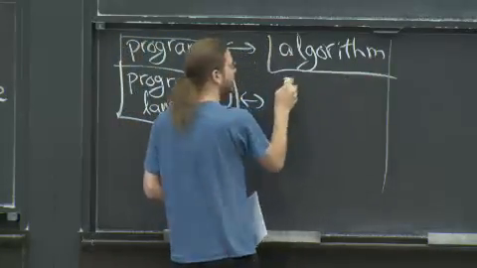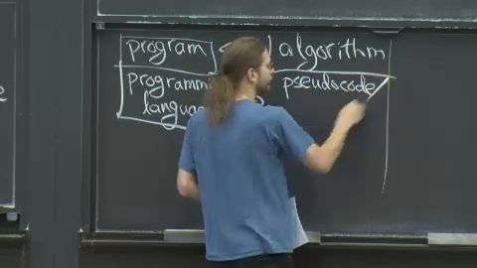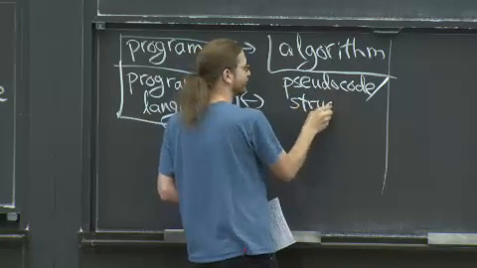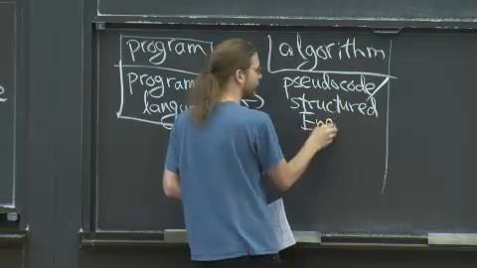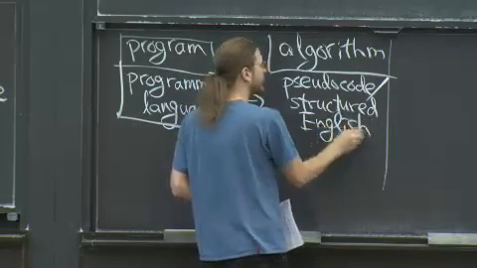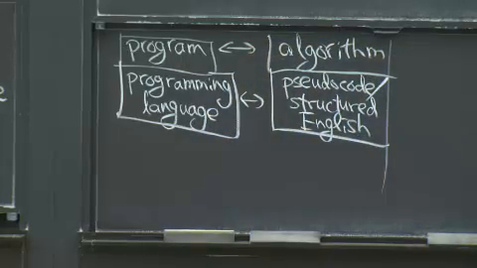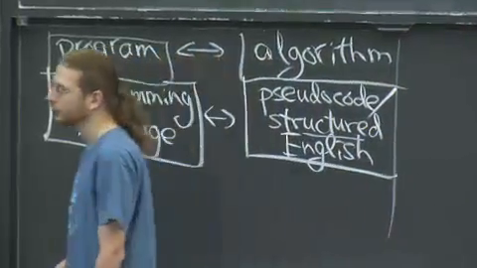Usually we write them in pseudocode, which is basically another fancy word for structured English. Good English, whatever you want to say. Of course, you could use another natural language. But the idea is you need to express that algorithm in a way that people can understand and reason about formally. So that's the structured part.